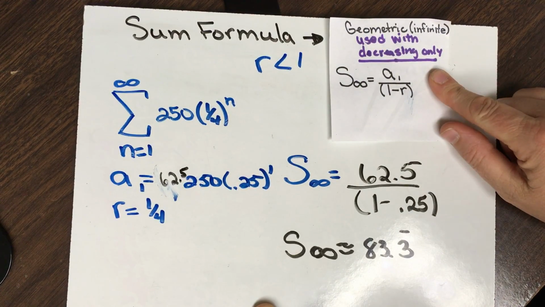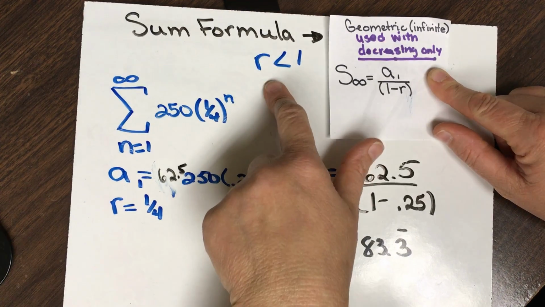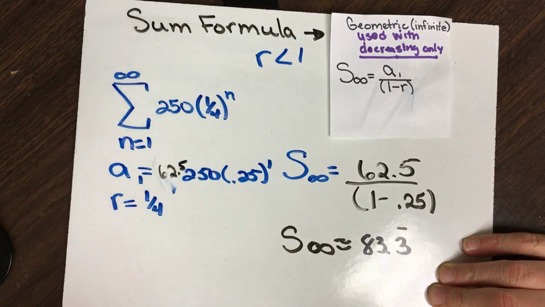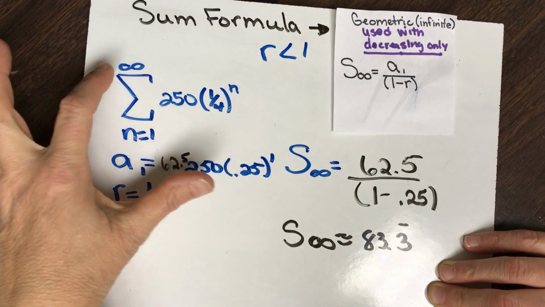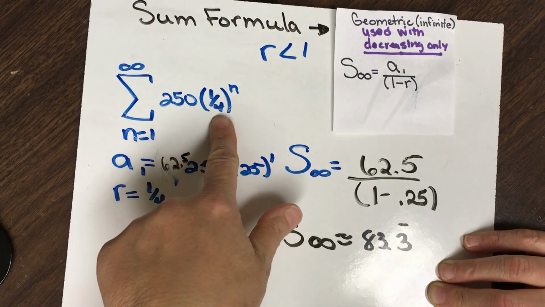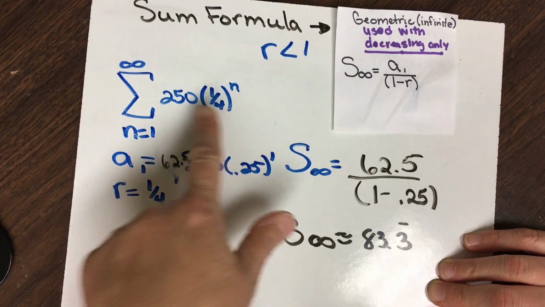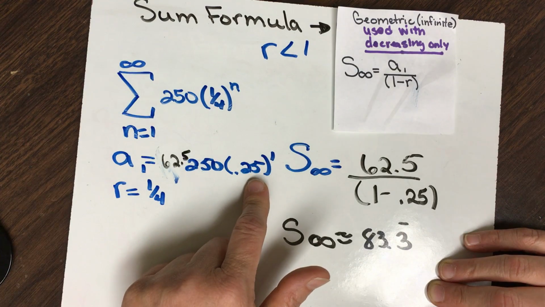It's used in decreasing situations where the r value is less than 1 but greater than 0, so you're dealing with fractions here. We know that we can use this because our r value is a fraction of 1/4, or 0.25 in this case.